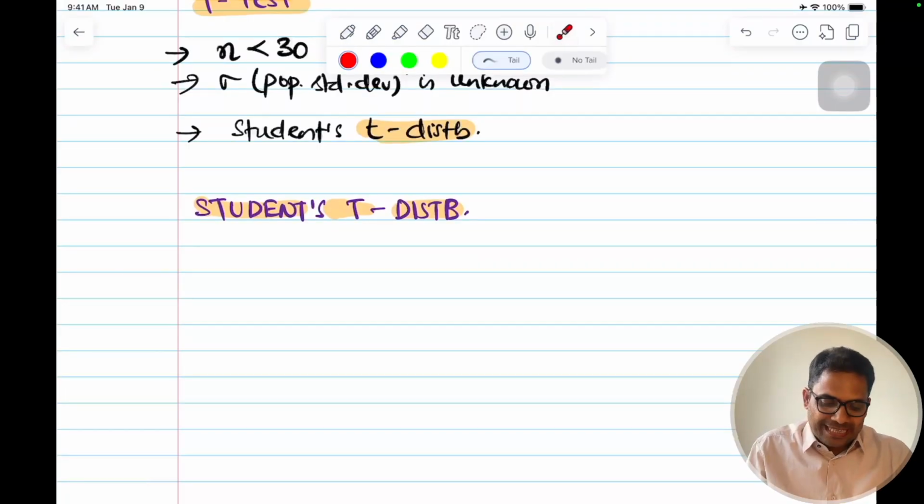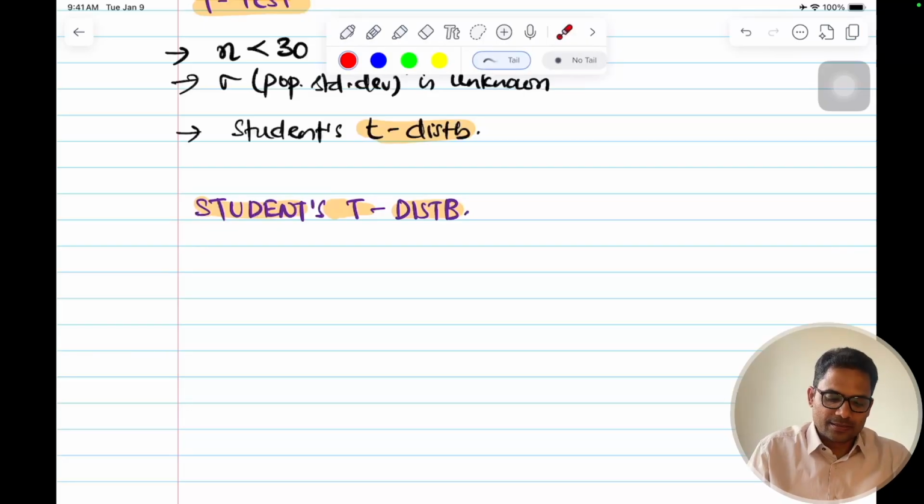The name student came because of the mathematician who invented this. The statistician's name was William Gossett, but he published the paper under the pseudonym student.